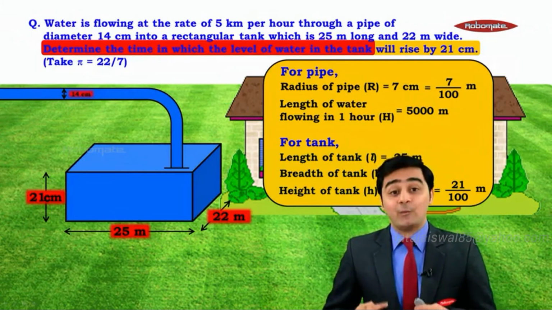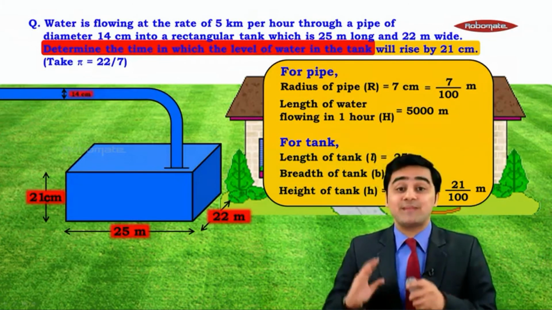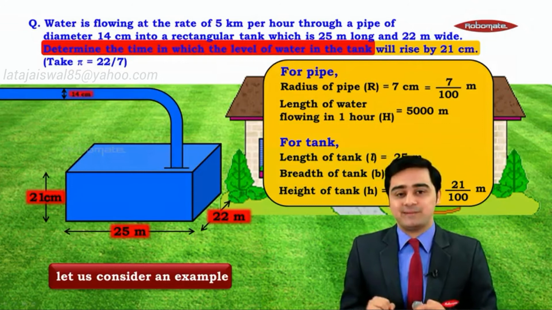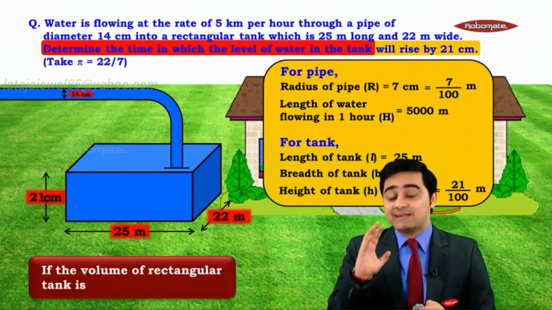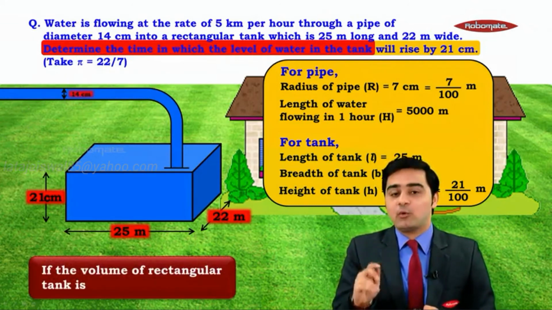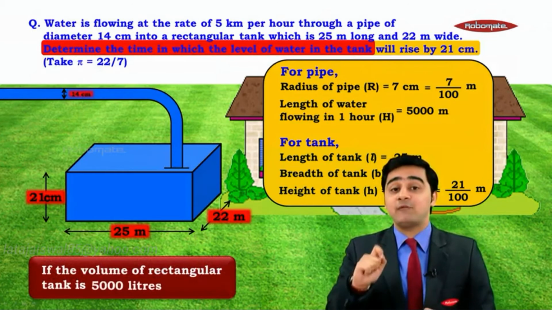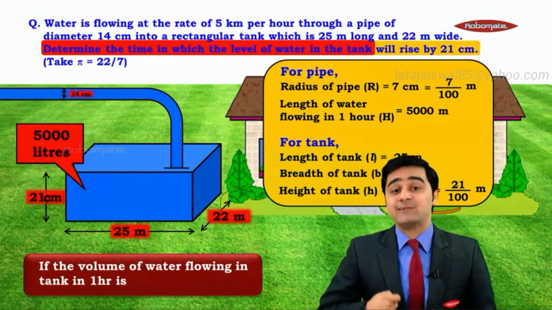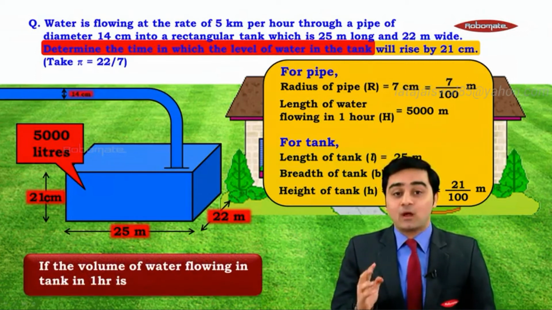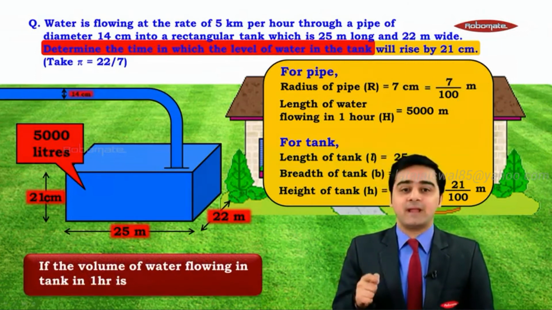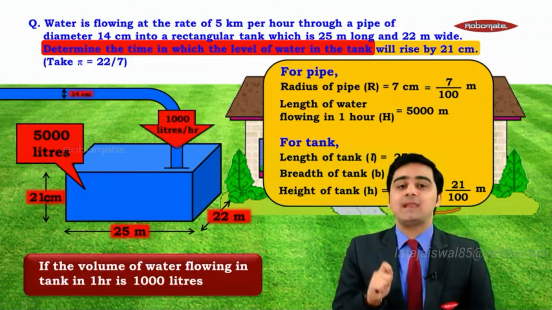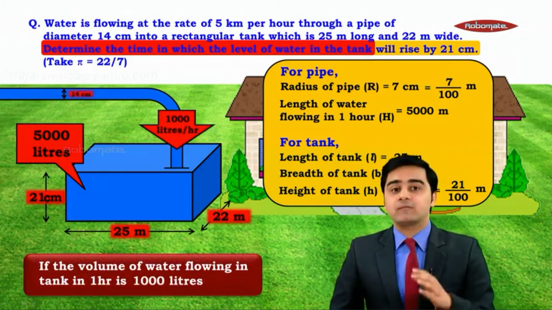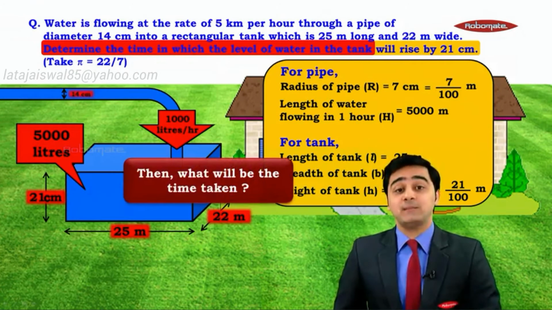Let us understand how can we calculate time taken with the help of a very simple example. Let us assume that the capacity or the volume of this rectangular tank is 5,000 liters. And now let us assume that the volume of the water flowing through the pipe into the tank is 1,000 liters per hour. If this is so, what will be the time taken?